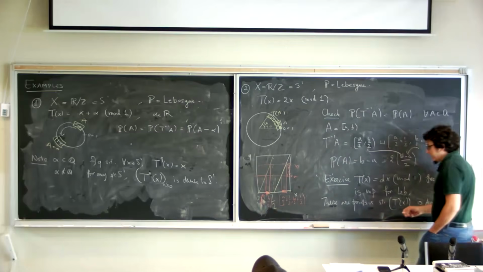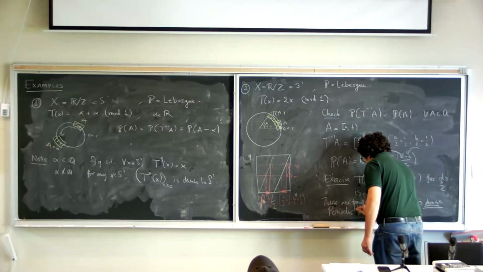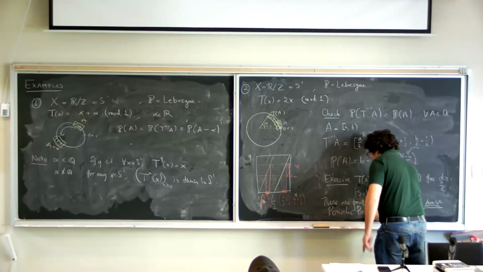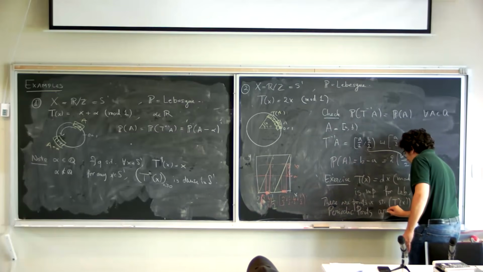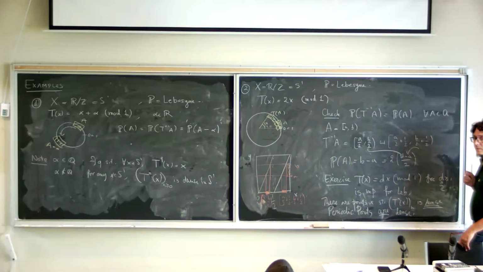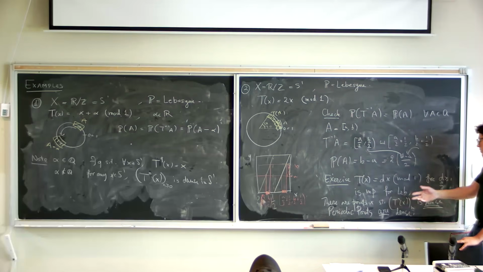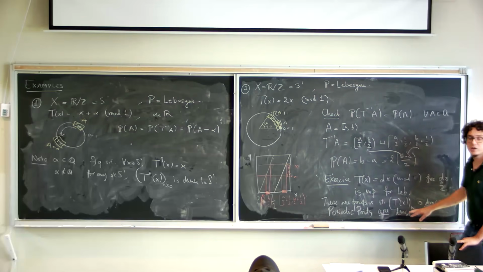However, what is true is that periodic points, so points where the orbit is a cycle, are dense. So this type of system is a very, very nice system from the point of view of dynamical systems, because even though there are periodic points, the system has a lot of expansion, and this expansion tells you something good about it, that, for instance, these periodic points are dense.